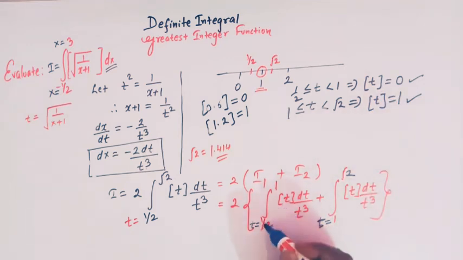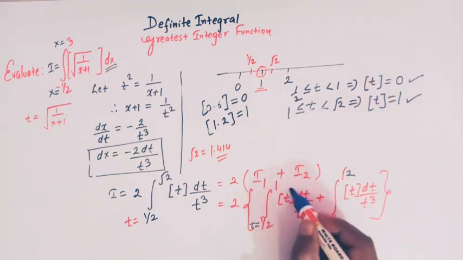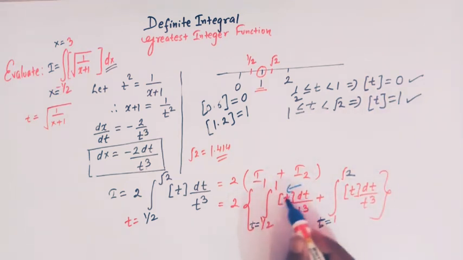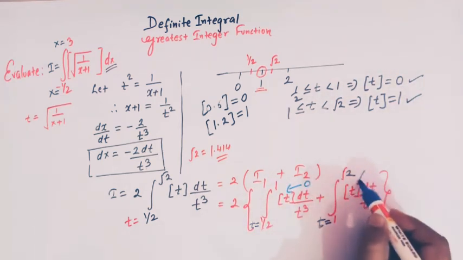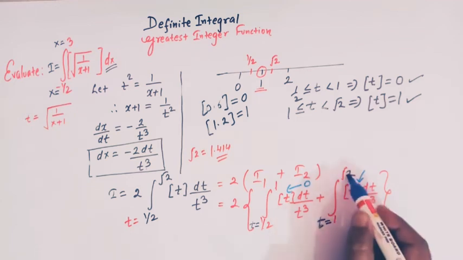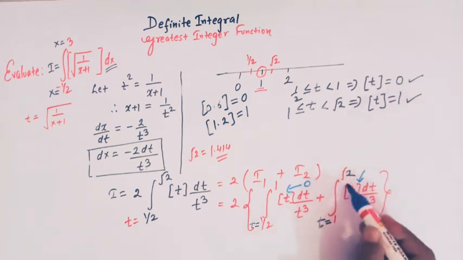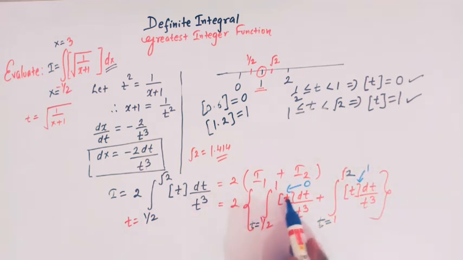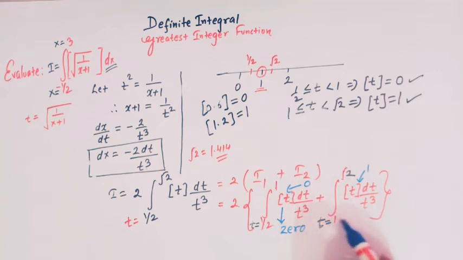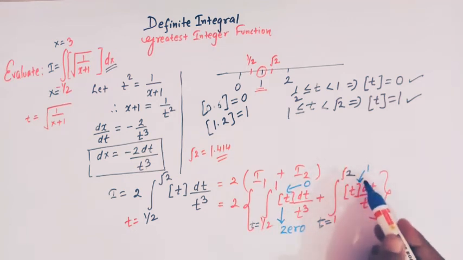So here when t varies from half to 1, the value of this greatest integer t is 0, and when t varies from 1 to square root of 2, then the value of greatest integer t is 1, right? So when greatest integer t is equal to 0, this integral is 0, and we are left with only this integral, right?